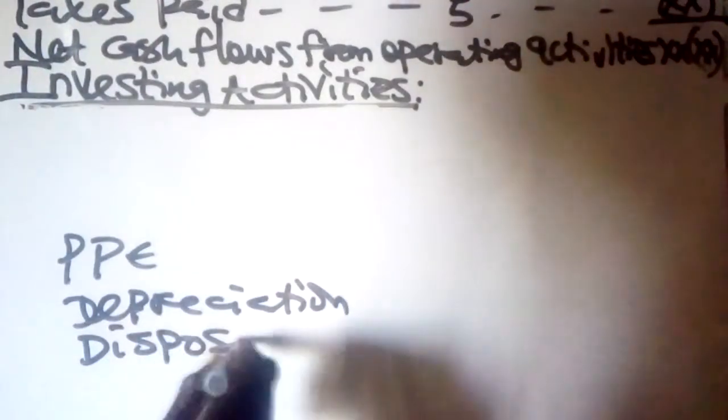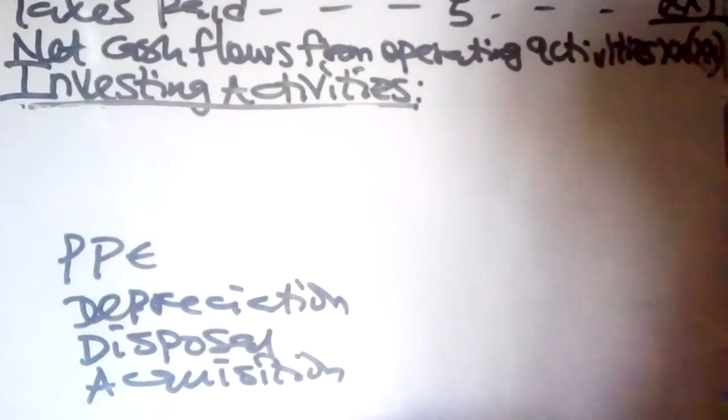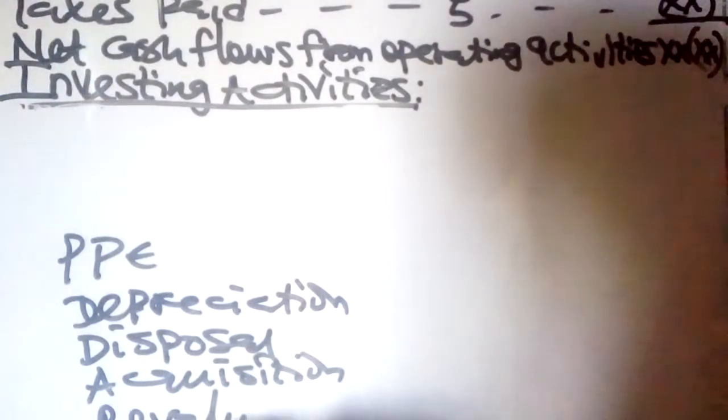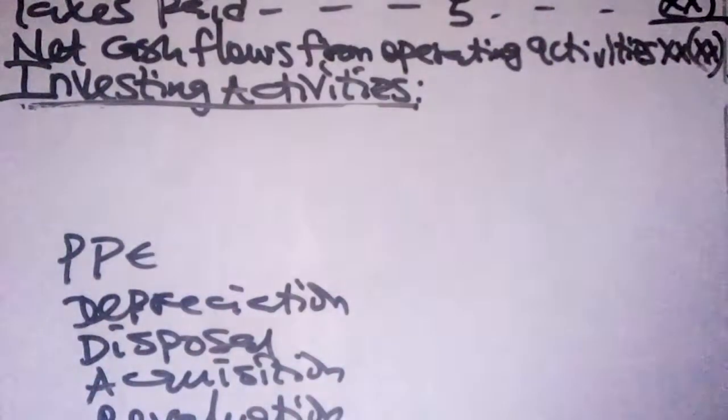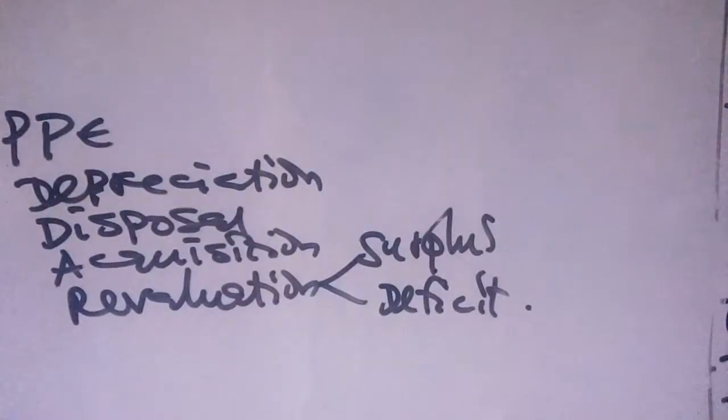Then you might have disposal of PPE, acquisition or purchase of PPE, or revaluation of PPE, which might lead to revaluation surplus or fair value gain, or revaluation deficit. These are the items that may be adjusted in our PPE.